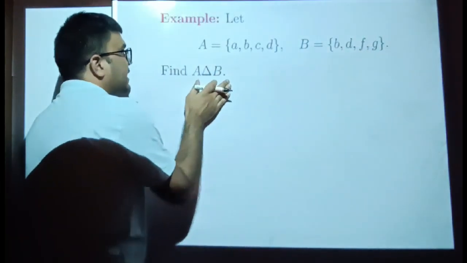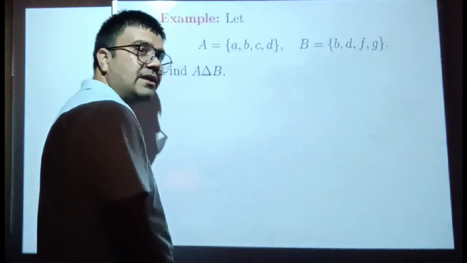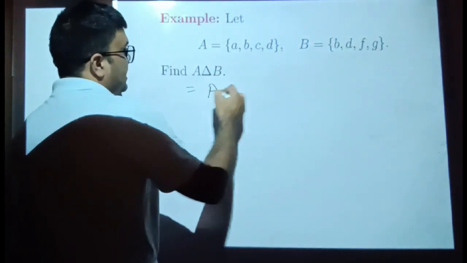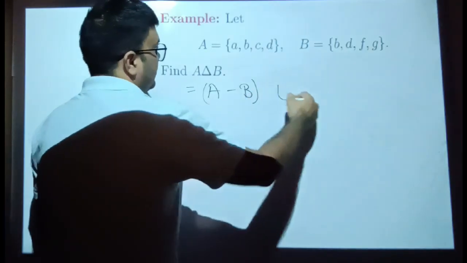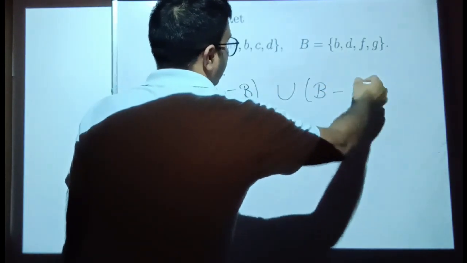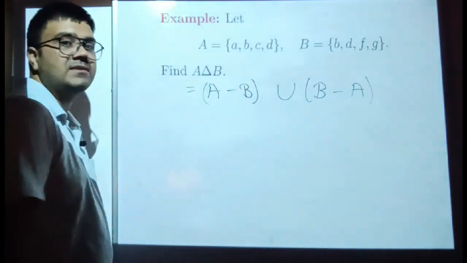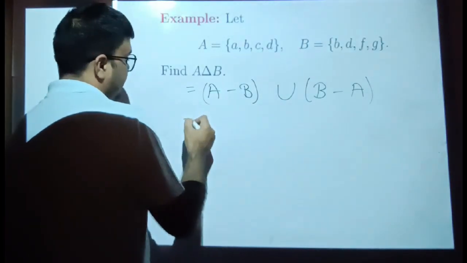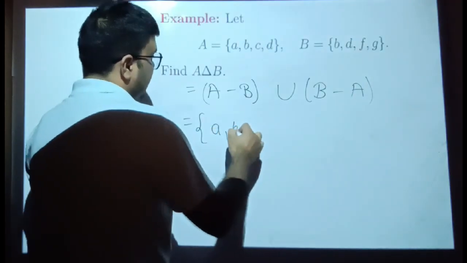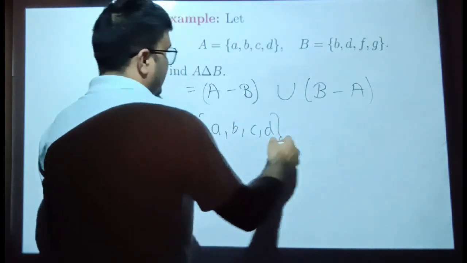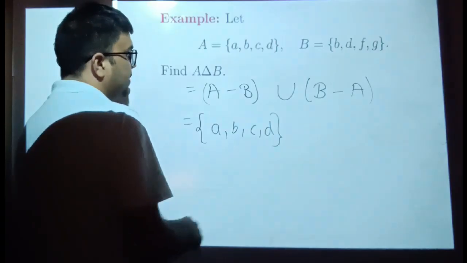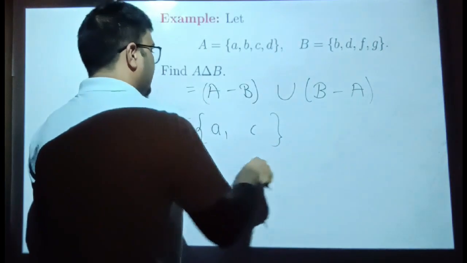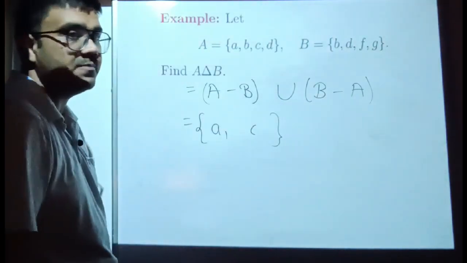We have to calculate A delta B, or the symmetric difference of A and B. The formula we have is A minus B union B minus A. A minus B means write the elements of the set A, remove from this the elements of the set B. We have removed b, we have removed d. We are left with a, c. This is A minus B.